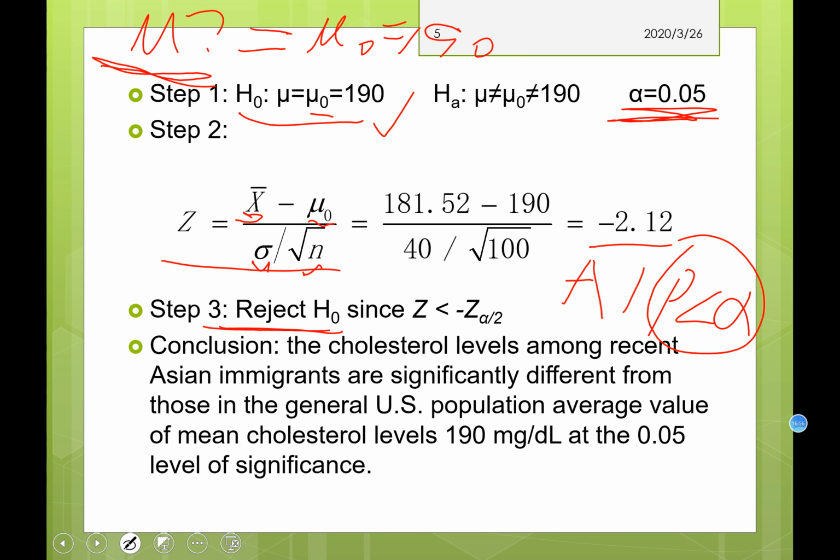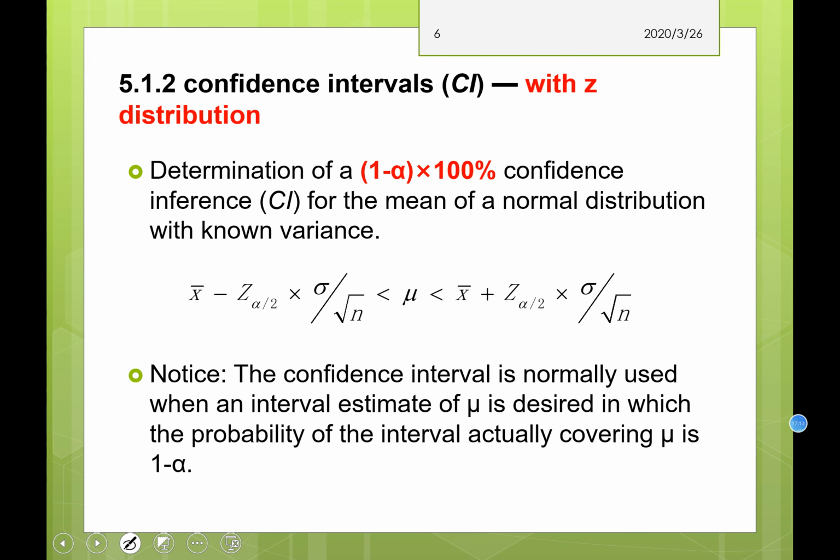So actually that means there are differences between the two populations, between the population of Asian immigrants and the United States. So that is the result to the question. So this is the method of z-test.